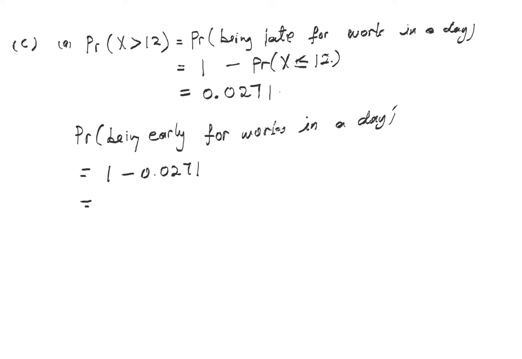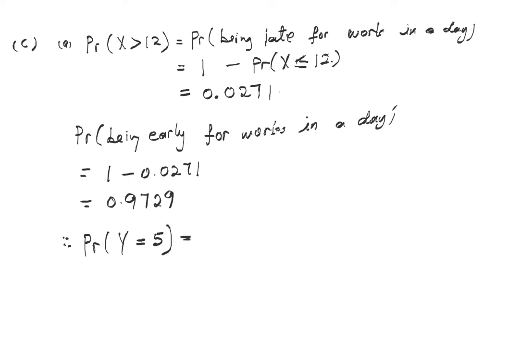That is 0.9729. Am I right? Okay, so now, therefore, probability of Y equal to 5.